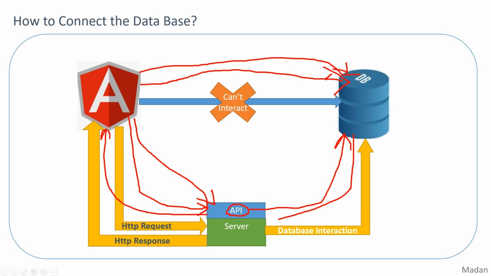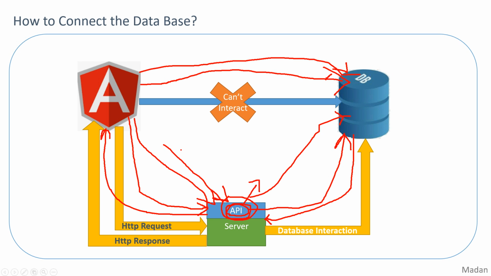Suppose Angular requests the customers list. The API prepares for the request, contacts the DB for fetching the customers, the DB gives the data to the API, and the same data is passed to Angular.